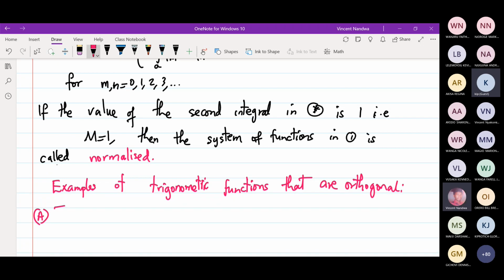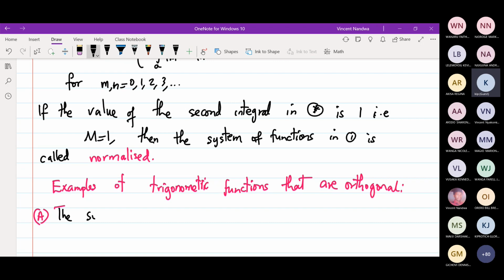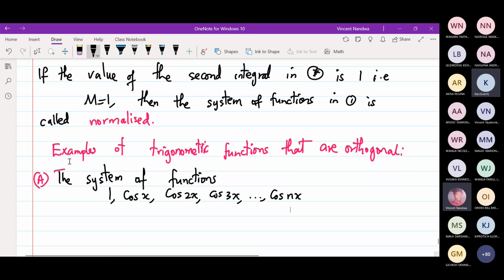So the system is orthogonal in the interval 0 to pi.